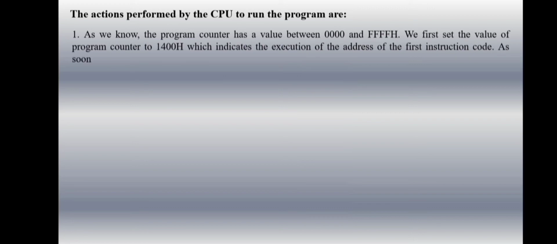As we know, the program counter has a value between 0000 and FFFFH. We first set the value of the program counter to 1400H, which indicates the address of the first instruction code.